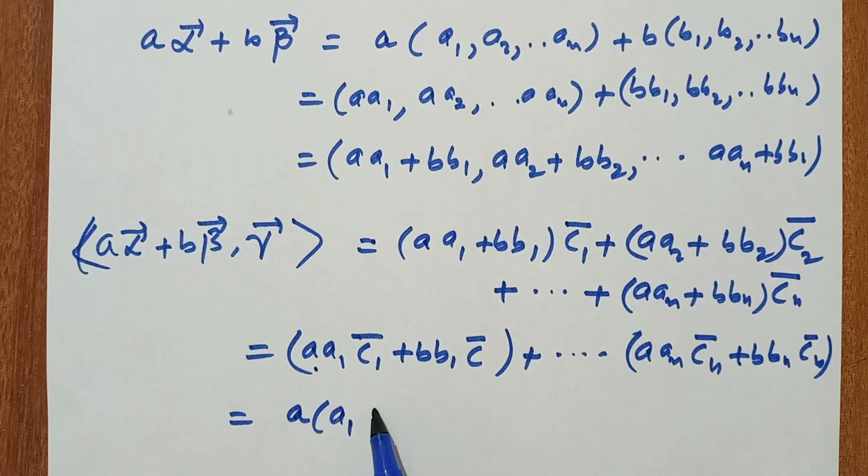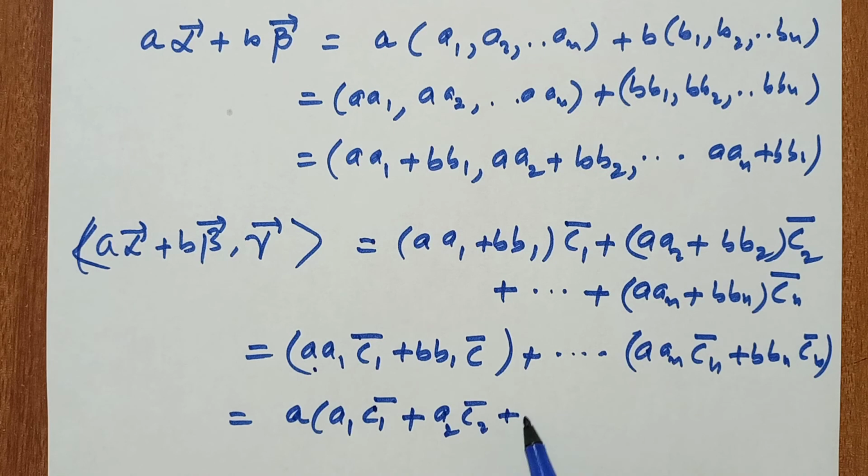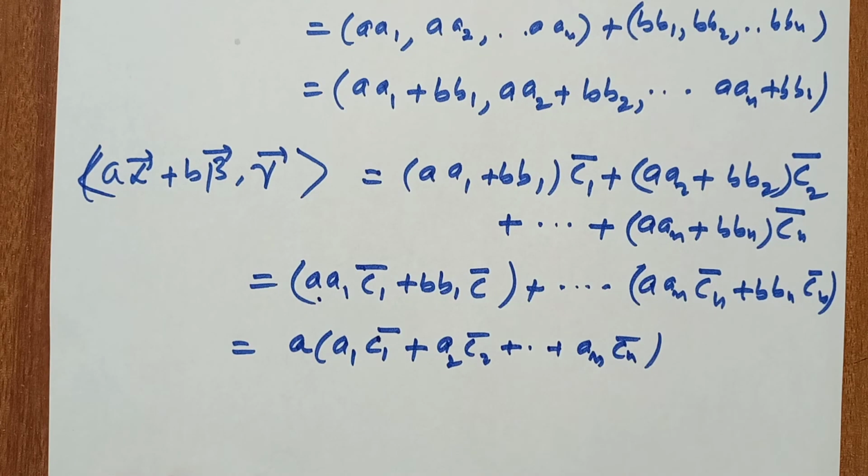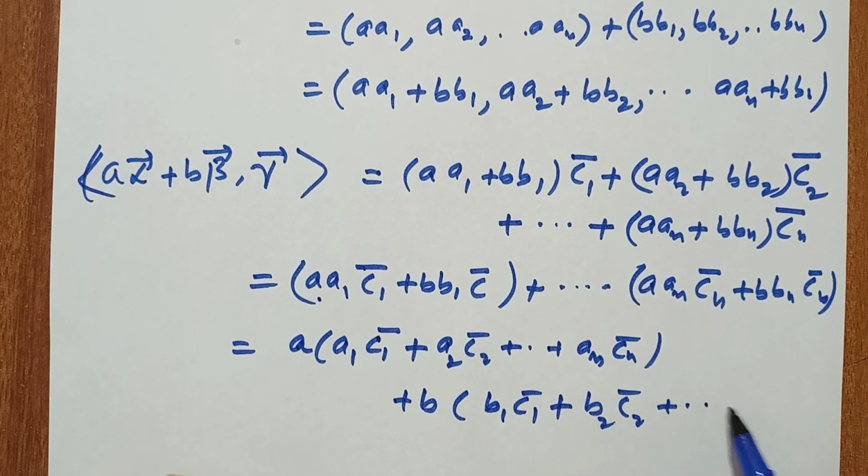Now if we take a common, we get a times (a1 c1 bar plus a2 c2 bar plus up to an cn bar). And similarly, if we take b common, we get b times (b1 c1 bar plus b2 c2 bar plus up to bn cn bar).